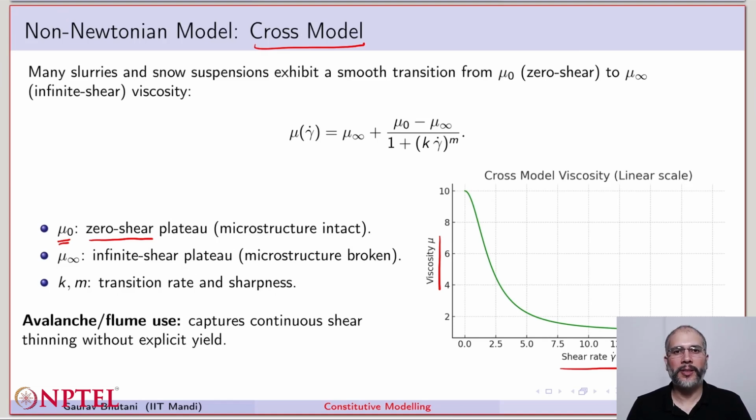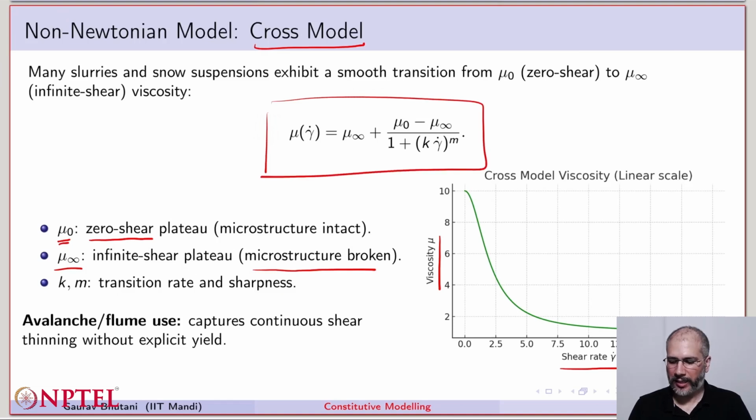But when the strain rate increases, the microstructure breaks and we can have asymptotically an infinite shear viscosity, mu infinity. This lets us interpolate between a zero shear viscosity and an infinite shear viscosity. And then we can have parameters which allow us to control the transition and sharpness and so on.